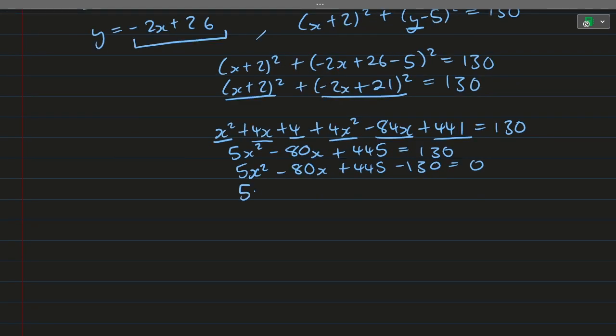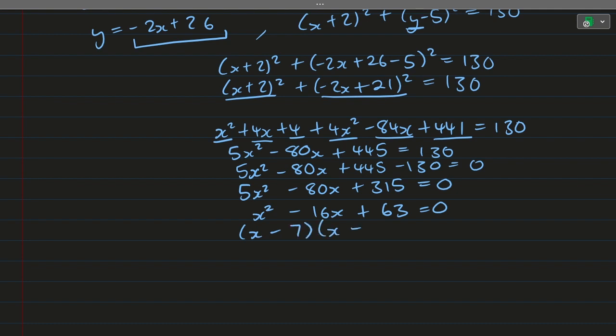This becomes 5x squared minus 80x plus 315, and let's divide through by 5 to simplify the quadratic. It becomes x squared minus 16x plus 63 is equal to 0. Now let's solve the quadratic by factorization, and that is (x minus 7)(x minus 9) is equal to 0. So you get x equals 7 or x is equal to 9.